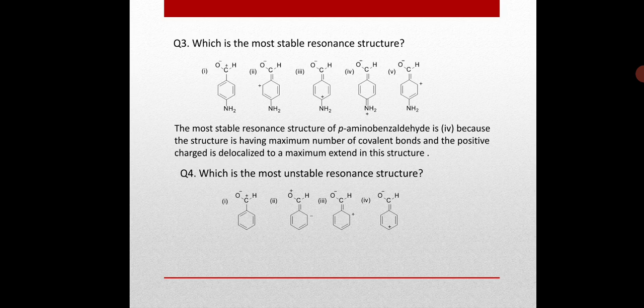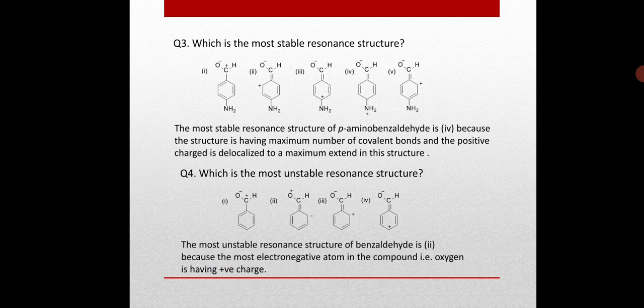Among these structures 1, 2, 3 and 4, all form an equal number of covalent bonds, so we can't stress on that point. But among all these structures, it is only in one structure that the oxygen has a positive charge. That is structure 2. So structure 2 is the most unstable resonance structure.